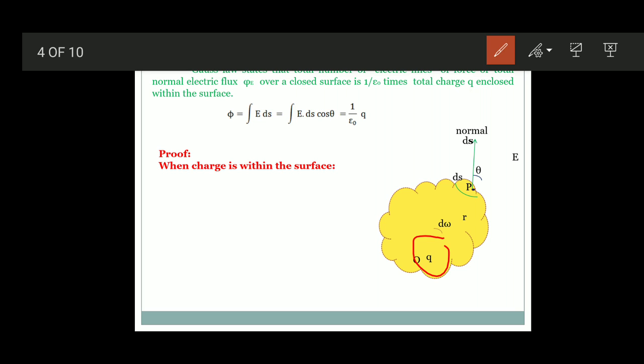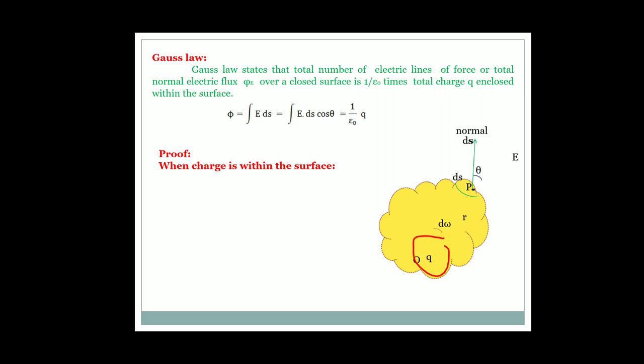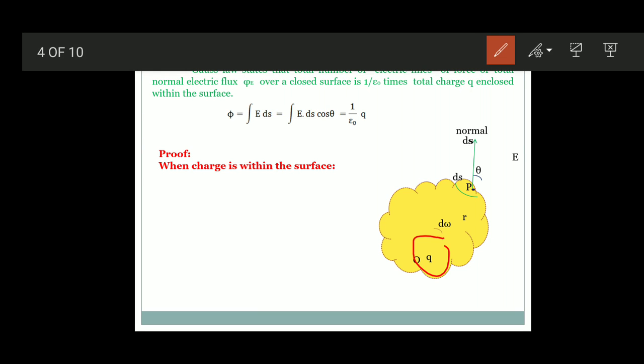When the charge is inside the closed surface, the total electric flux phi is equal to 1 by epsilon naught times Q, where Q is the total charge inside the closed surface.